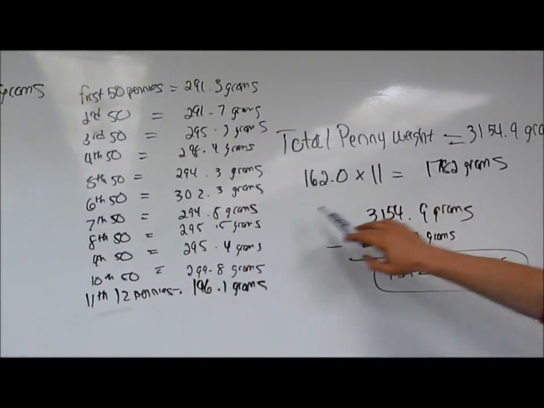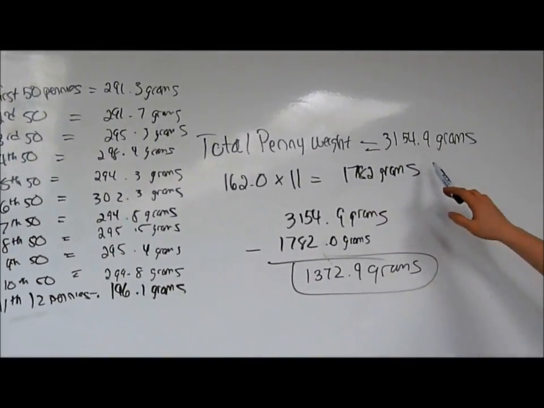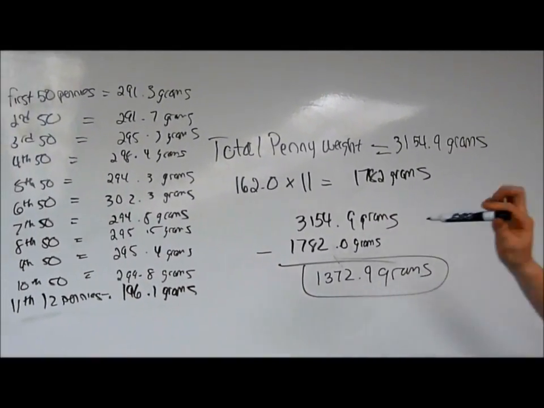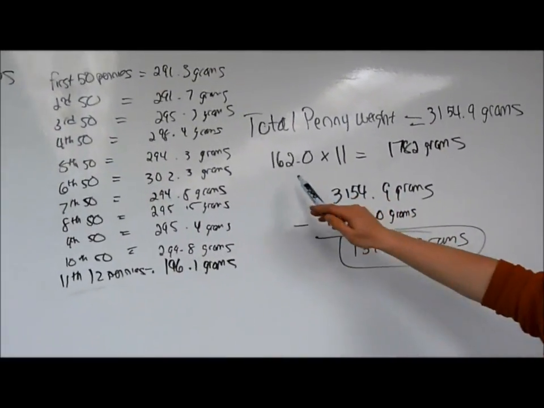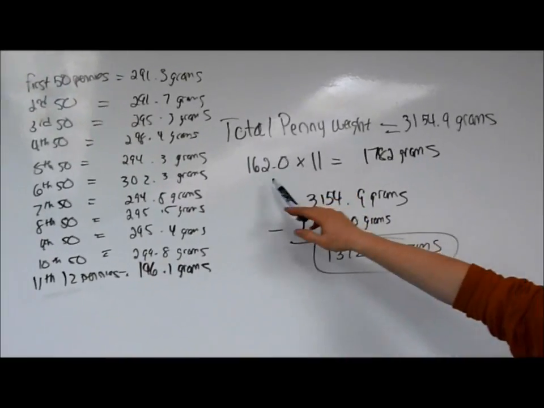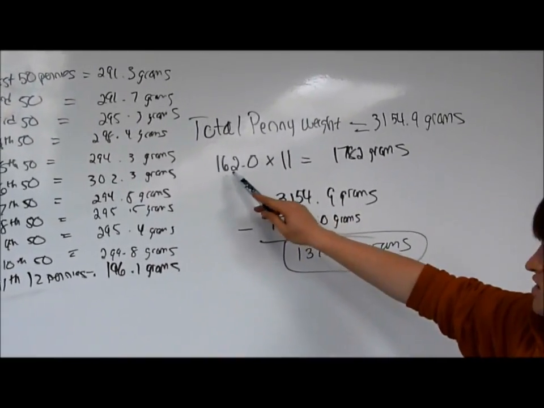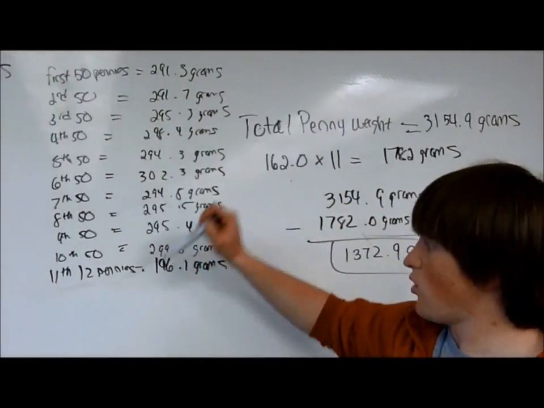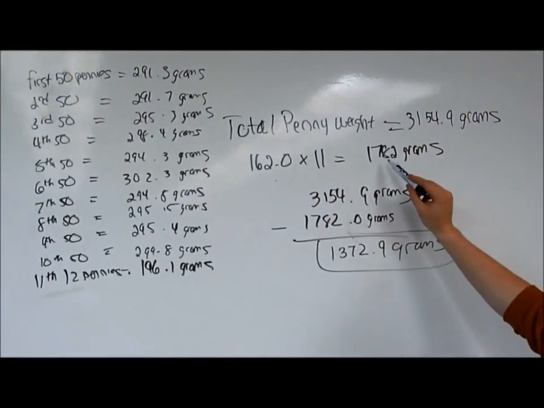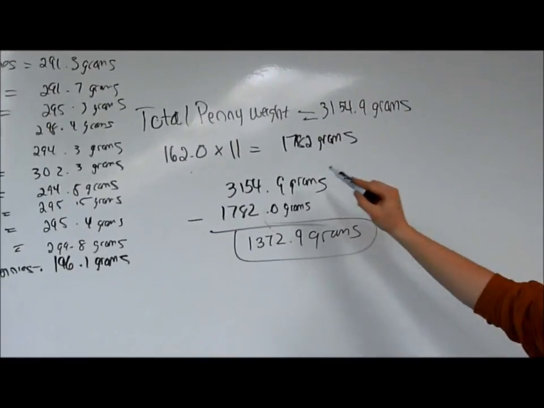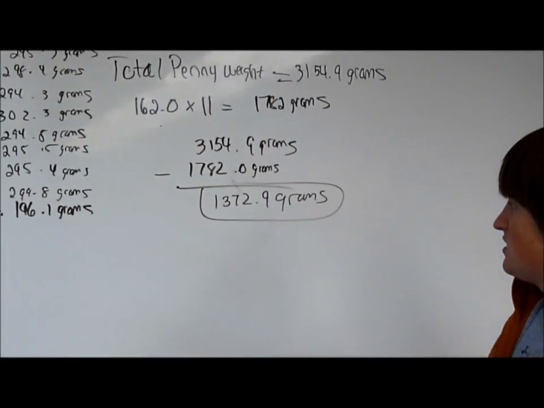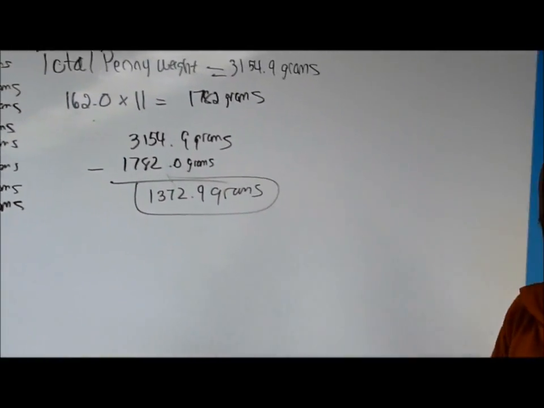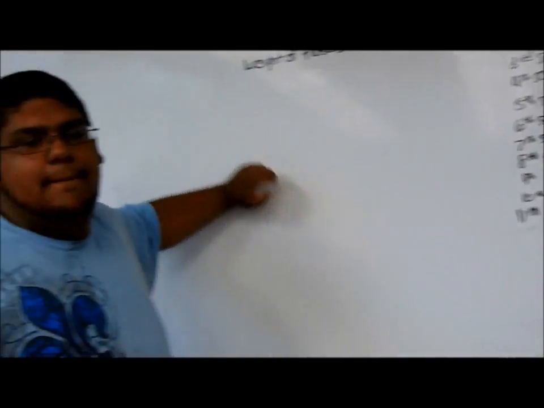I added up all these and got 3,154.9 grams of pennies with the weight of the 300 milliliter flask. So I did a simple calculation of 162 times all 11 measurements. You got 1,782 grams. I subtracted the two, and my total weight of pennies is 1,372.9 grams, without the weight of the beaker.